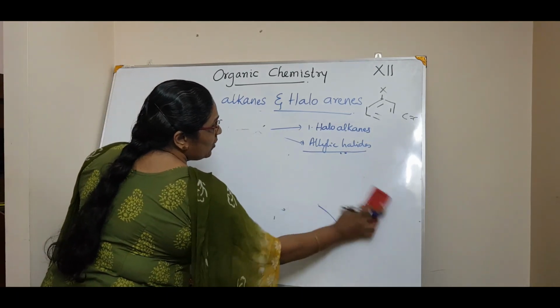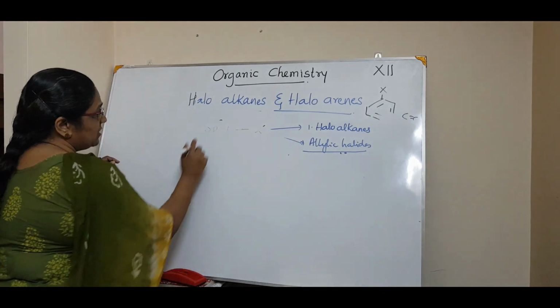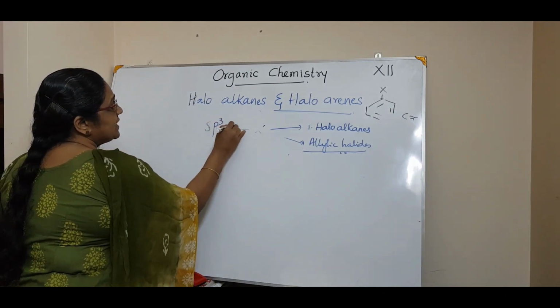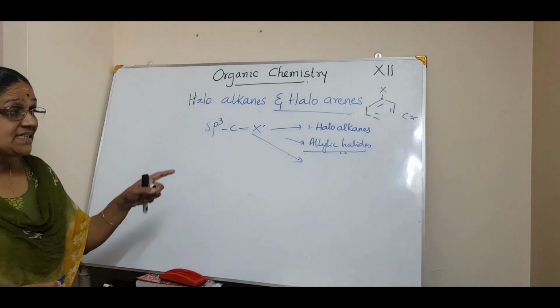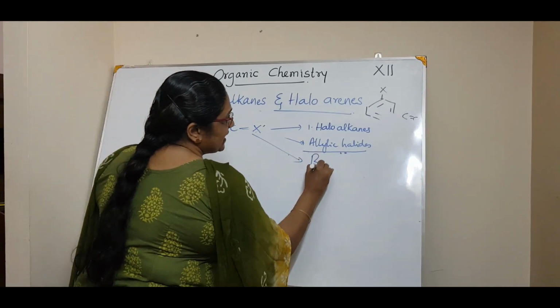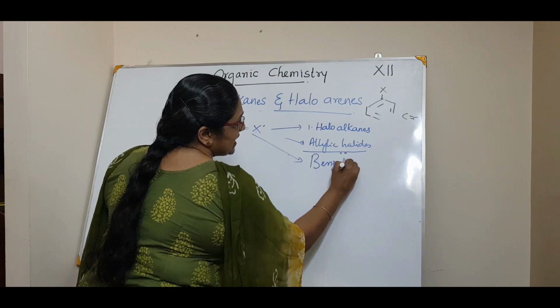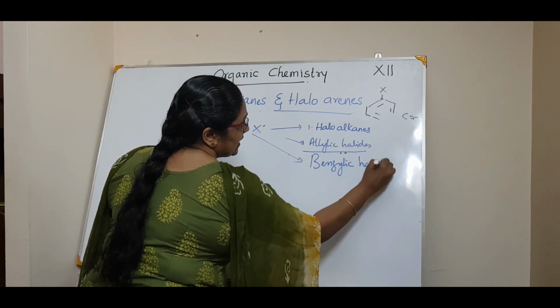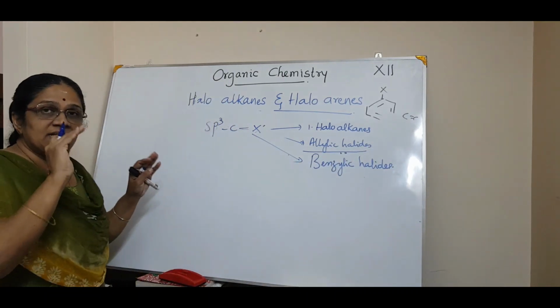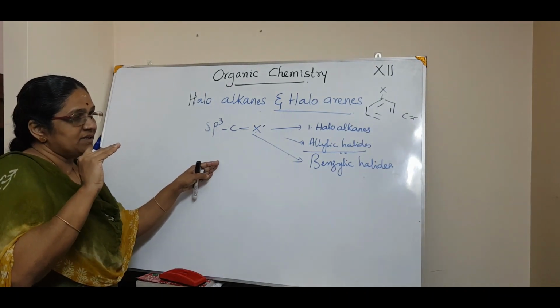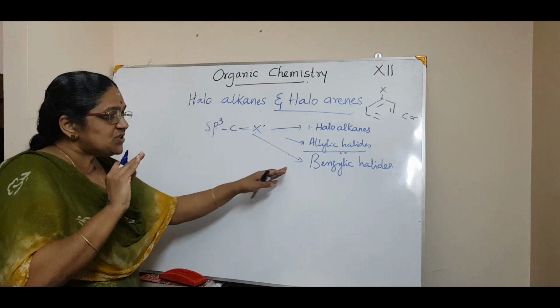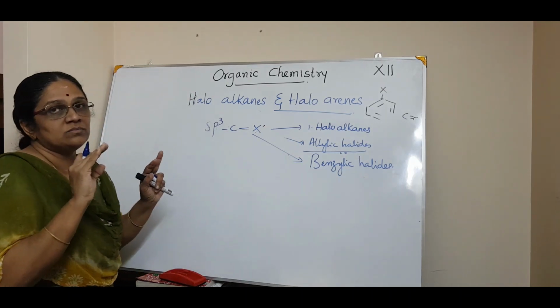Now, one more classification based on this sp3 carbon-halogen bond, the third classification, is benzylic halides. There are three classifications. We will study this very slowly, you just have to know the concept.